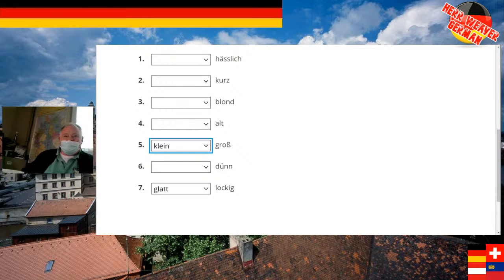Alt is easier now. Alt would be either jung, dicht, schön, schwarzhaarig. Jung. Opposite would be jung. Schwarzhaarig. Black-headed, dark-headed, maybe. Blonde. Kurz.